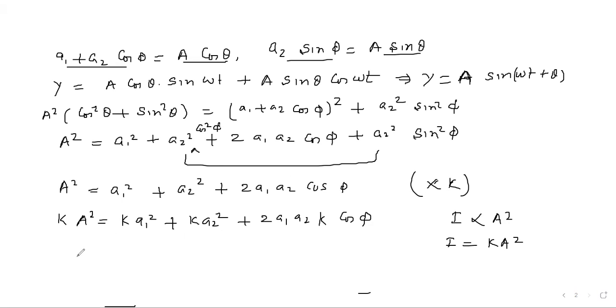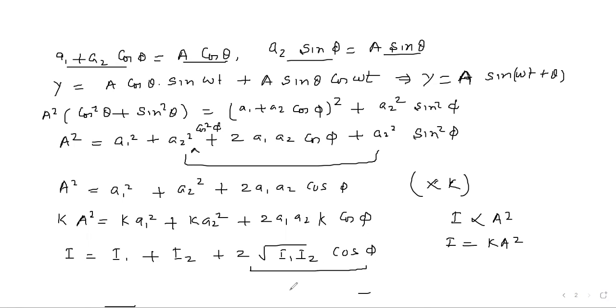So now write I equals I1 plus I2 plus twice root of I1 I2 times cos phi. Here, this term is called the interference term.